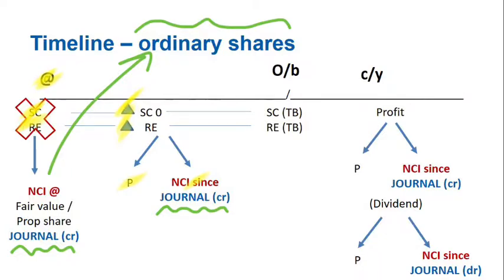In the current year, we did the same for profit for the year that we've attributed to the parent and NCI. And again, there was a journal entry to achieve that change in the balance of NCI. Debit profit attributable to NCI, credit NCI.